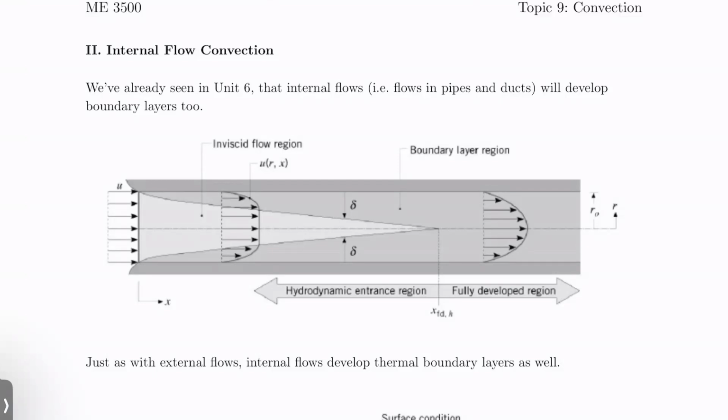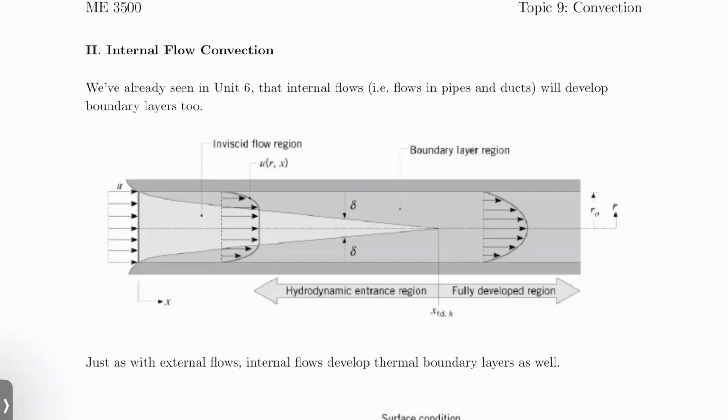In pipes, what happens is where that boundary layer is developing and up until the point where the boundary layer kind of meets with itself from the top, is considered the hydrodynamic entrance region. So that means that our velocity profile is changing as we move down the pipe. And then eventually you'll reach a point down the pipe where that velocity profile is no longer changing.